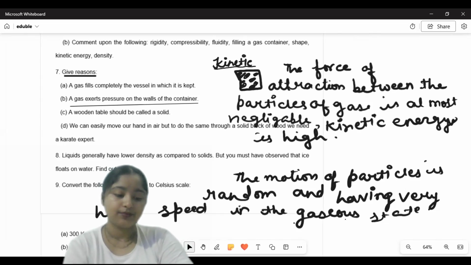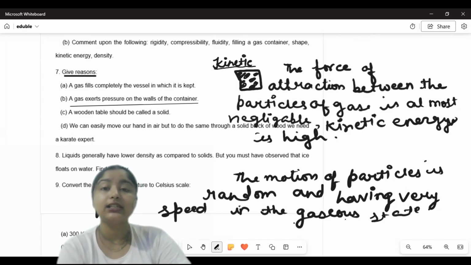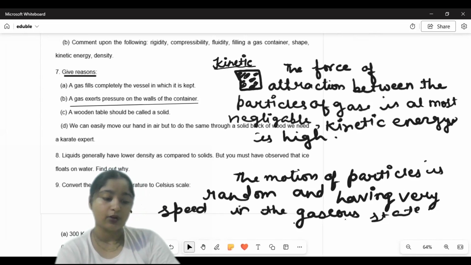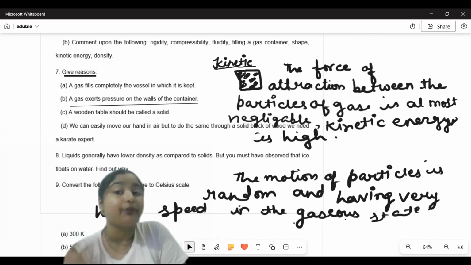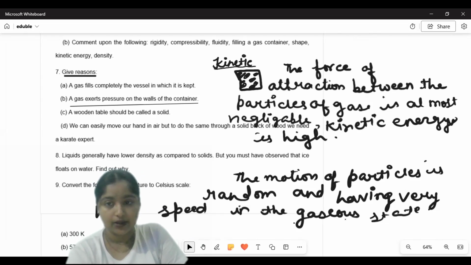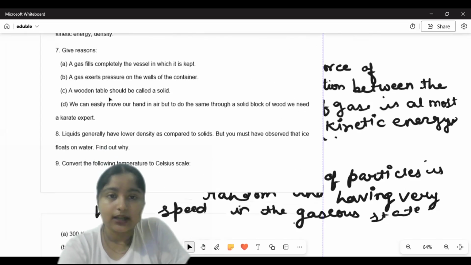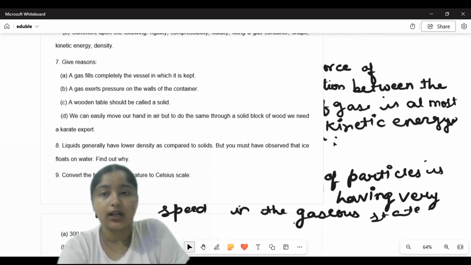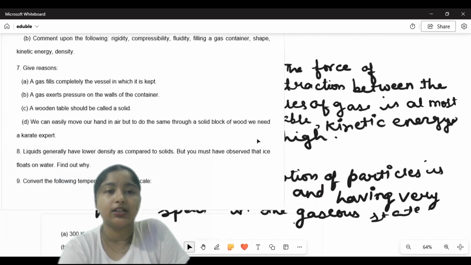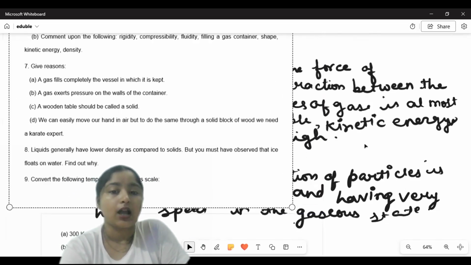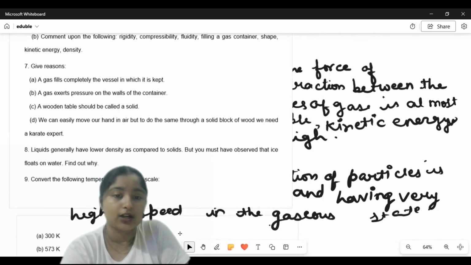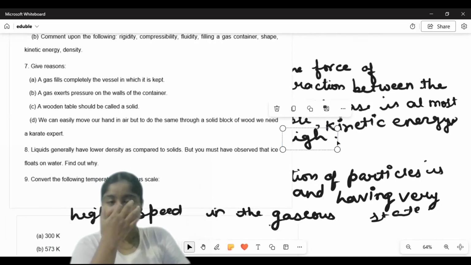Due to this random movement, the particles hit the wall of the container again and again and the pressure gets exerted. If you want the proper model answers, you can find them in the description. We are keeping the answer PDF in the description as well. You can check it from there.